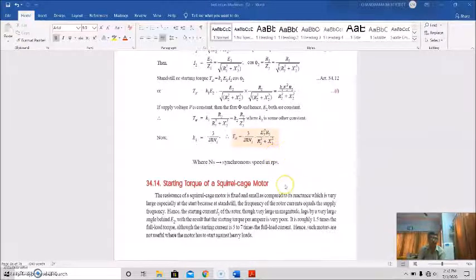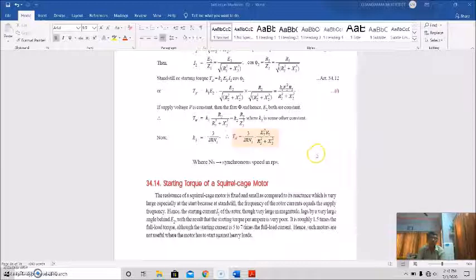So at standstill, X2 is comparatively large than its resistance per phase R2.